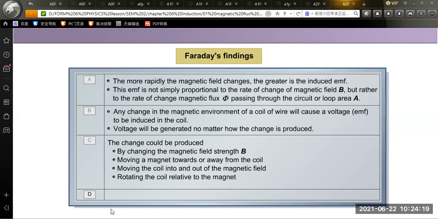So any motion, any change of the magnetic flux will cause the EMF to be induced. This is the basis of the physics called electromagnetic induction.